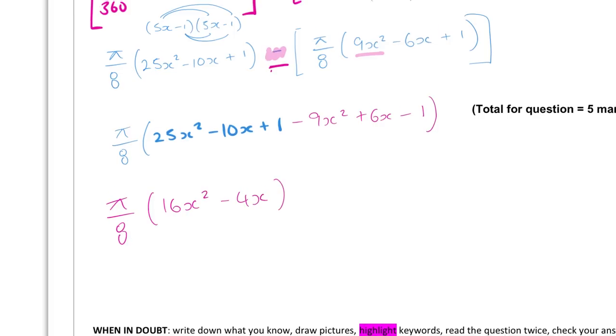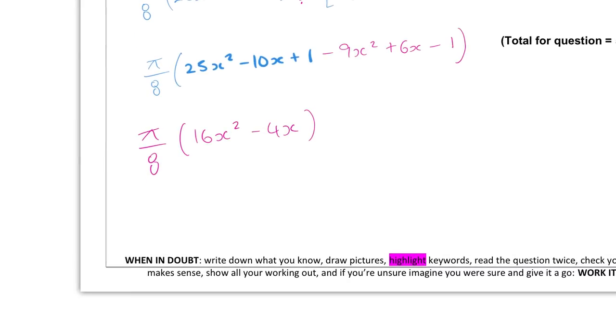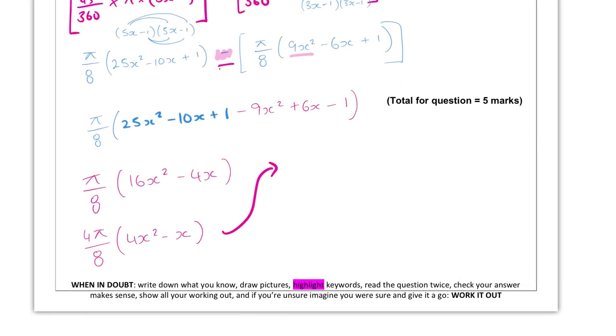What else can I take out of here? What do 16 and 4 have in common? 4. So actually, I could take out 4, right? And I get 4x² − x. What does 4 over 8 equal? I think this is a non-calculator question. Isn't it beautiful? I'm going to get pi over 2.